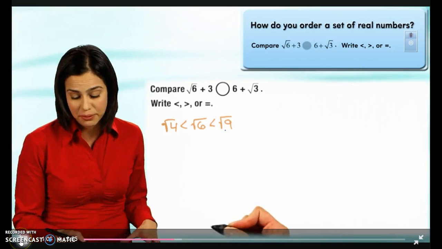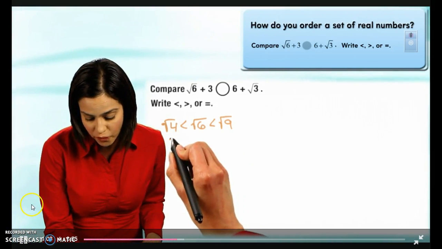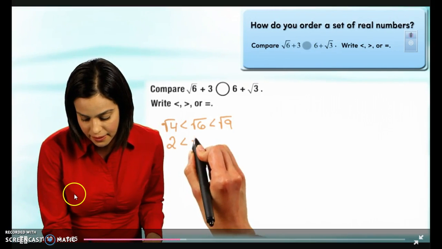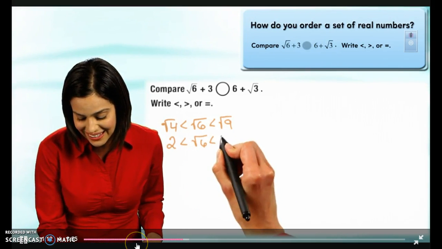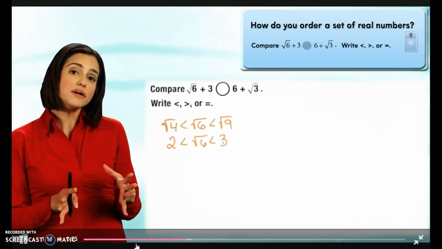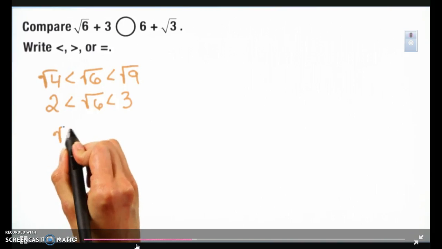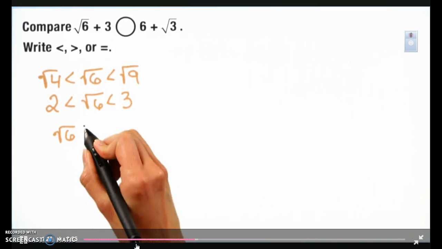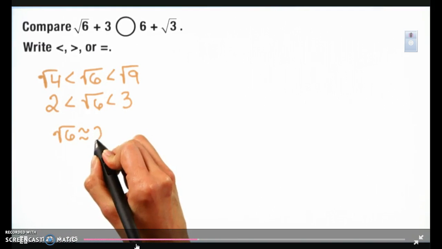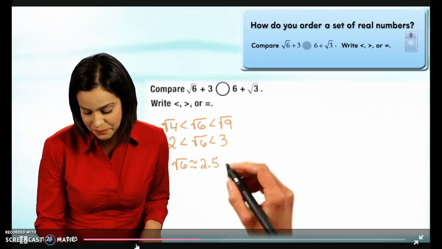Now let's go ahead and simplify those. Square root of 4 is 2, and square root of 9 is 3. So square root of 6 is between 2 and 3. So we're going to say square root of 6 is approximately 2 and 5/10.